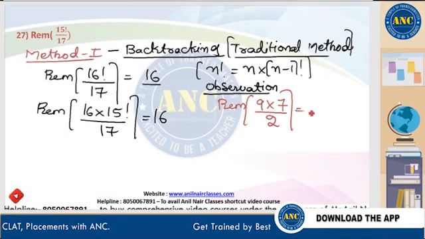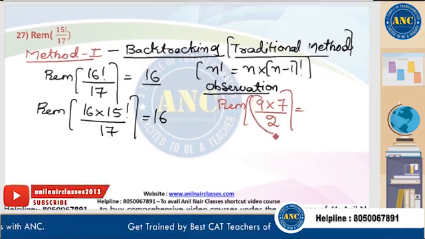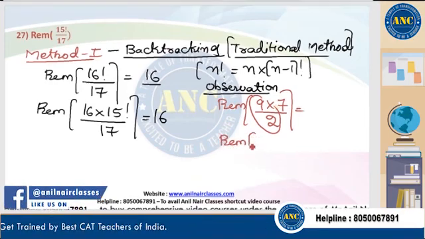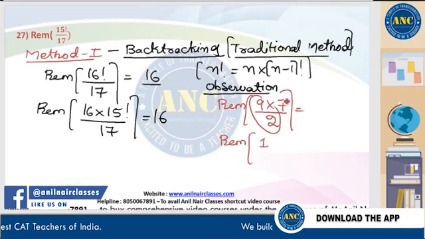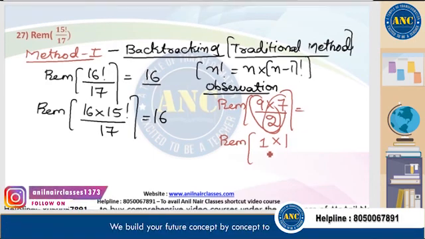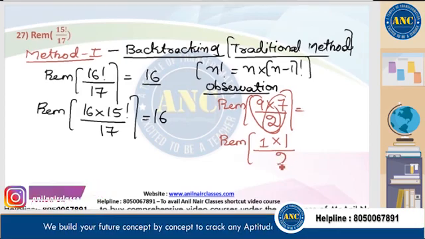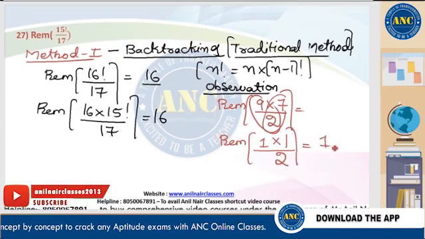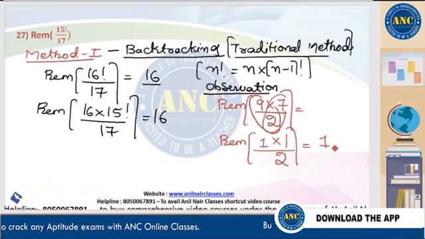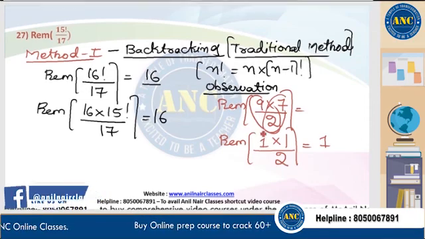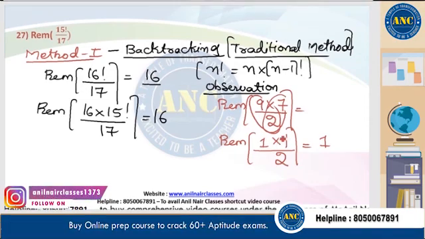If I am finding a remainder, 9 when divided by 2: 4 2s are 8, remainder is 1. 2 3s are 6, remainder is 1. As long as the numerator is less than the denominator, however many times you divide with the denominator, the remainder will not be affected. Again I am repeating it.